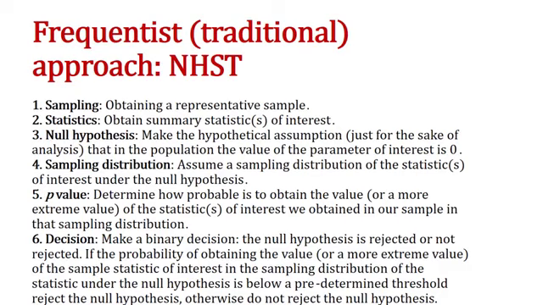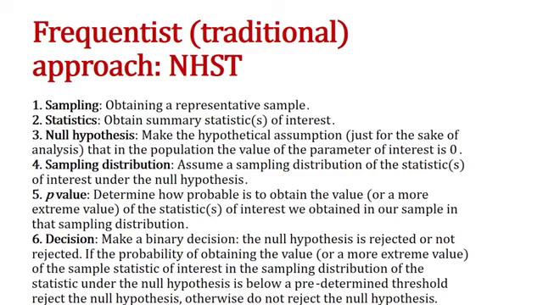the statistic of interest. The fifth step is to determine the p-value, that is the probability of obtaining the score that we obtained in the statistic, or a more extreme score, if in the population the value of the parameter of interest is 0.